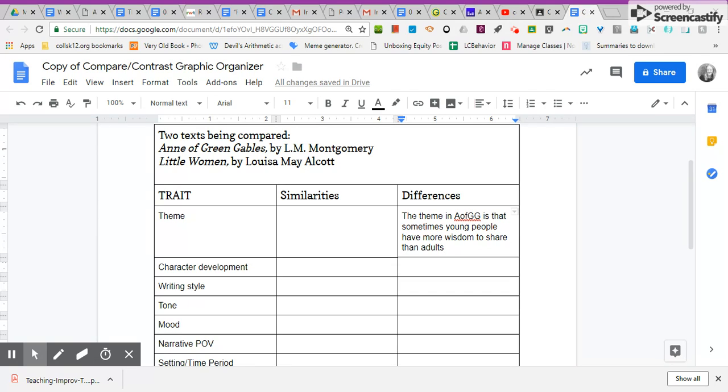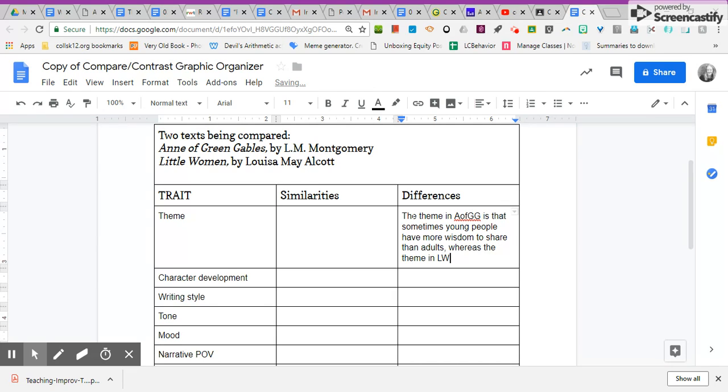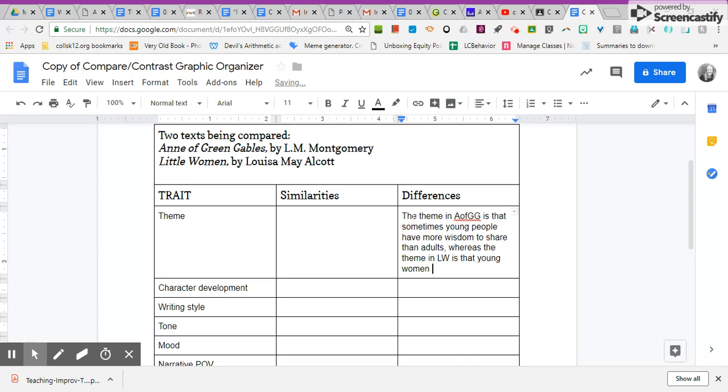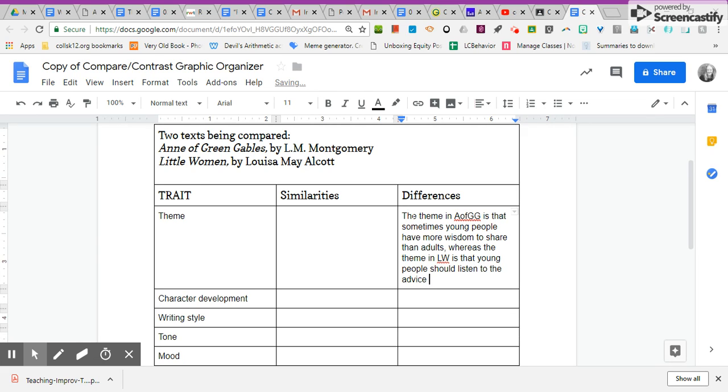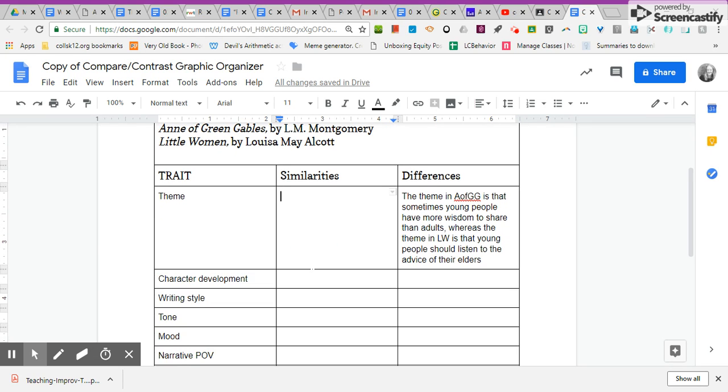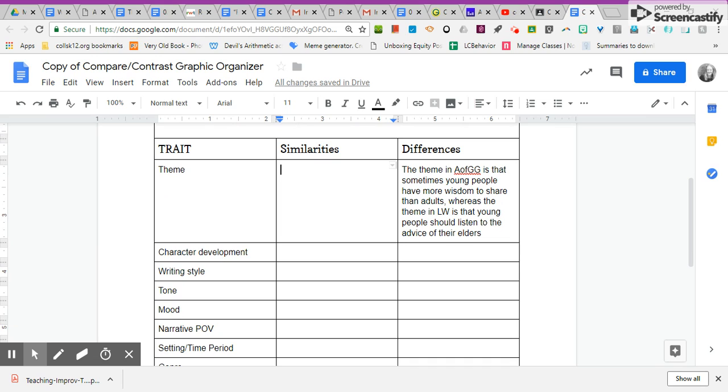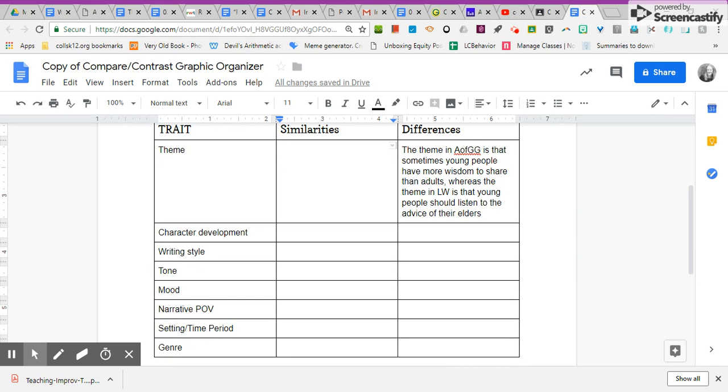I'm going to use a fancy contrast word: whereas the theme in Little Women is that young people should listen to the advice of their elders, people older than them. So that's the differences I see in the theme. I could probably come up with some similarities if I really thought, but I'm going to move on for now and think about some other aspects of the novel to compare.